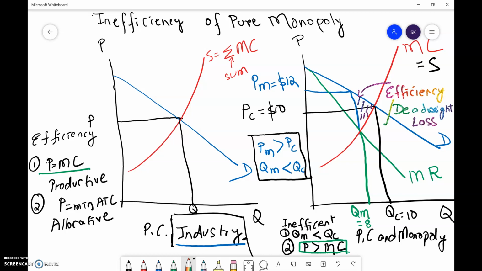Okay, so the monopoly is an inefficient market structure, unlike a perfectly competitive market structure. That's all for now.